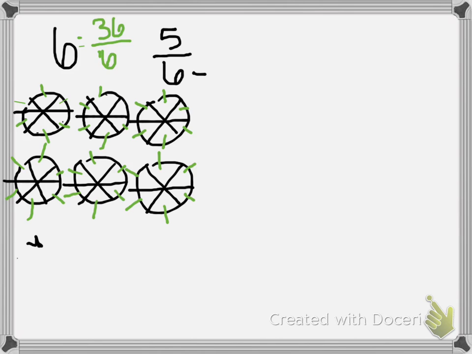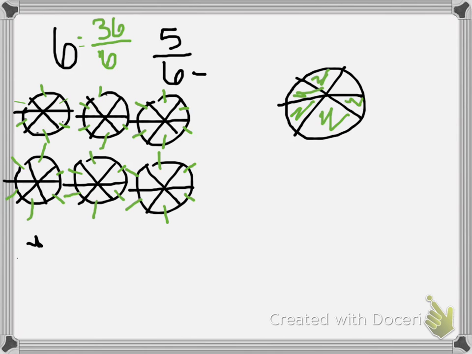If I drew a picture for 5/6, it would look like this. I have one circle divided into 6, and 5 of those would be shaded in. 1, 2, 3, 4, 5. So which one's greater? 36/6 or 5/6? I would have 6 is greater than 5/6.